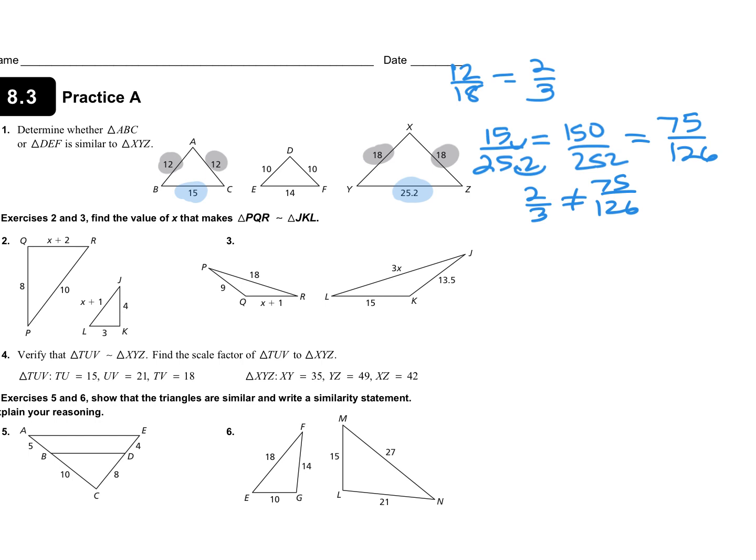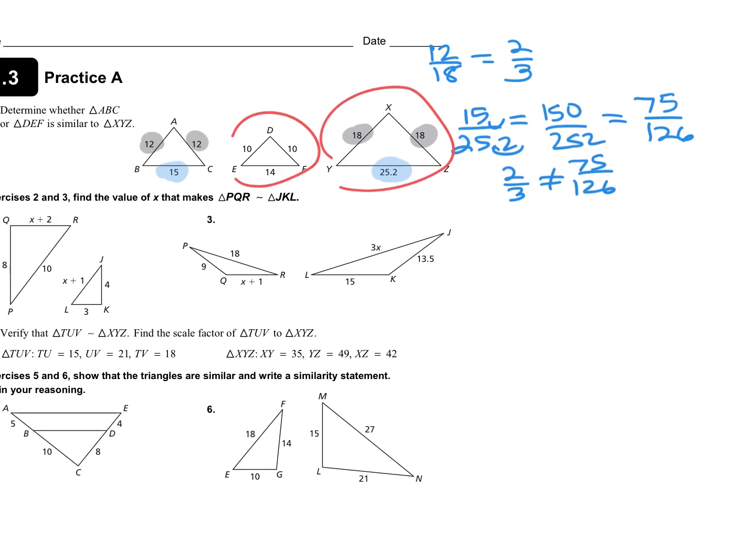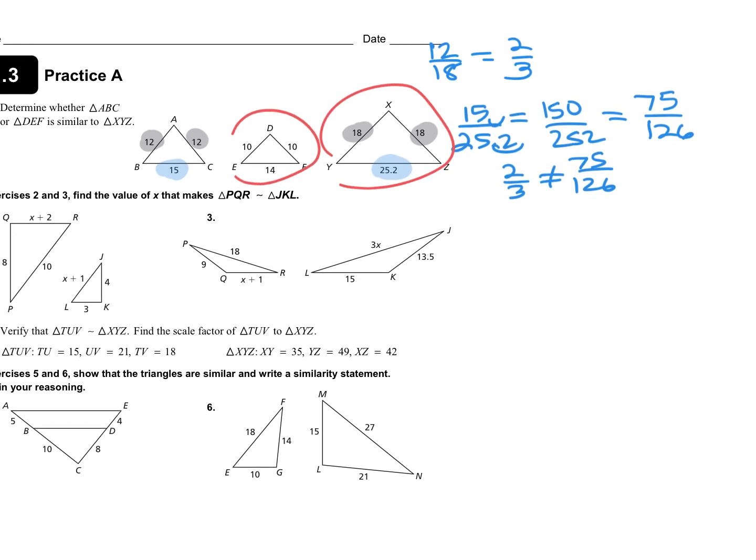So now let me check these two. Again, I'm going to check the 10 and the 18. It simplifies to 5 to 9. And then the 14 with the 25.2. So the 10 and the 18 are going together.